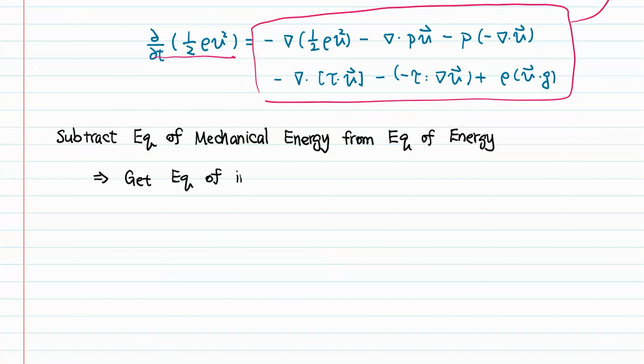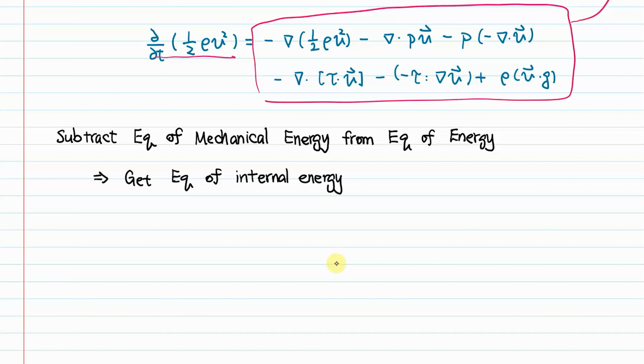of internal energy. Okay, and remember, our objective here is to obtain an energy equation in which temperature appears, right? So if you think about each term here, the kinetic term or the mechanical energy versus the internal energy, the internal energy is something that carries temperature, right?